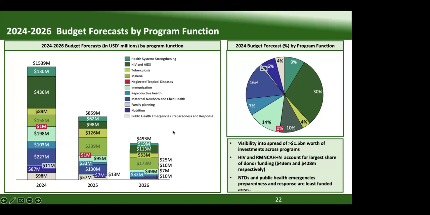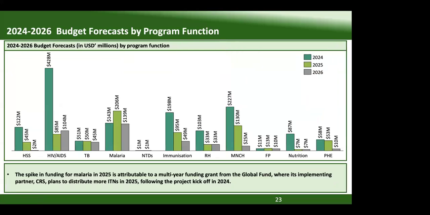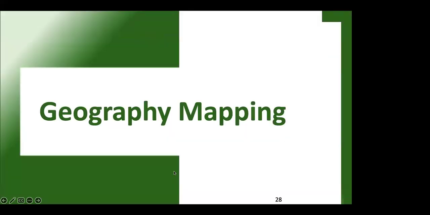We're mapping those for 2025 as we speak, and we'll be able to also illustrate this. Again, this shows you across different programmatic areas how financing goes, and you see here programs that are just not even visible. But you would see that the ATMs, as you can tell, and immunization are the largest contributors to funding.